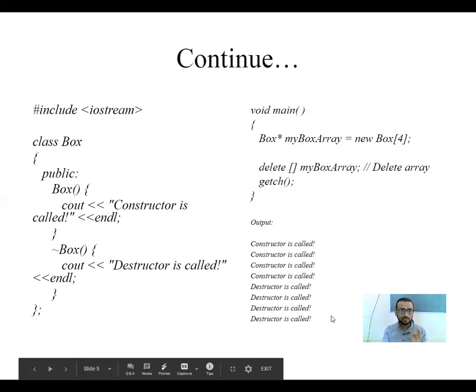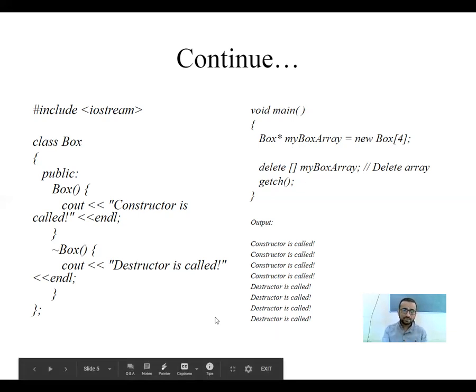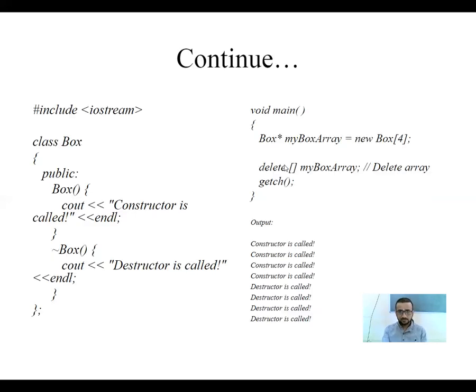And for the last element, element number 4 of this new object, my box array, it is deleted with the help of the delete operator. So this is how we can operate with the new and delete operators for dynamic memory allocation and dynamic memory deallocation.